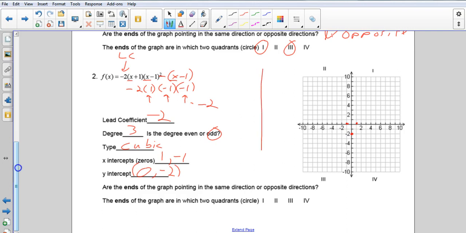If I make an xy table, look at my calculator, put this in, negative 3, negative 2, negative 1, 0, 1, 2, 3, I'm already on the chart. 64, 18, there's my 0, there's my negative 2, 0, negative 6, and negative 32. Well, I put negative 2, negative 6 right here.